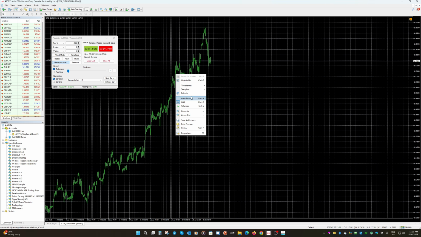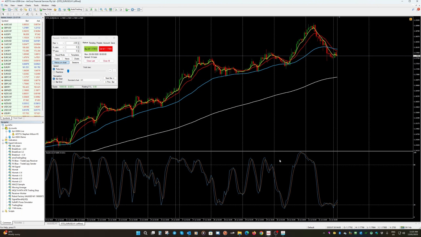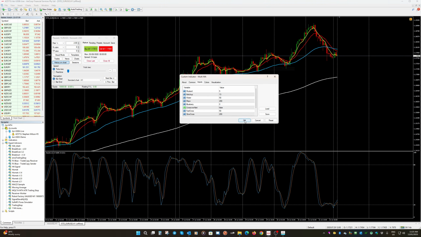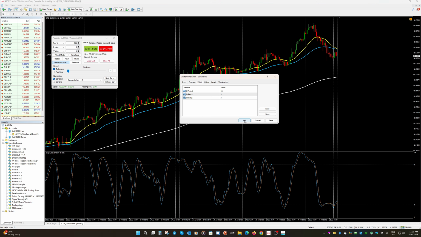So the indicators we're going to use the same as for our last test, which was EMA and Stochastic. With the EMA, I'm only using 3 moving averages. That's a 20, 50 and 200. And for the stochastic indicator, I'm using a K period of 10 and 3 and 3.